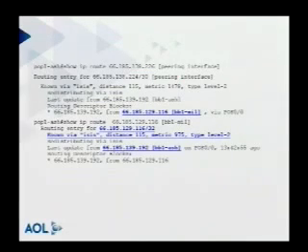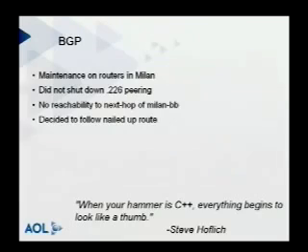What happened was, if you look at it, you see that the peering interface, the 226 interface, is on Milan, and to get to Milan, you get the route in ISIS. So what happened was, we shut down the router in Zurich. We did not shut down the peering.